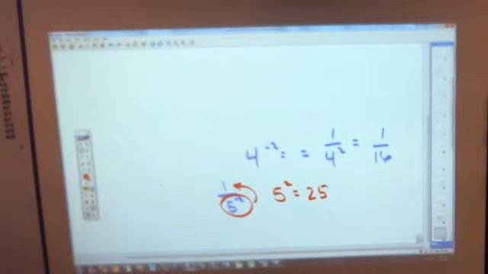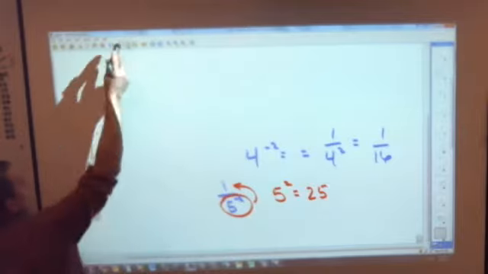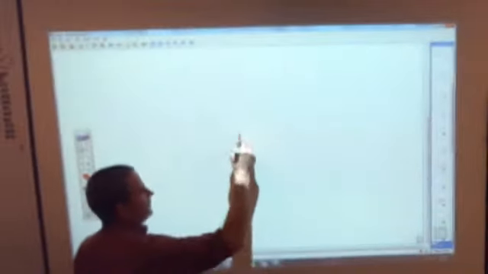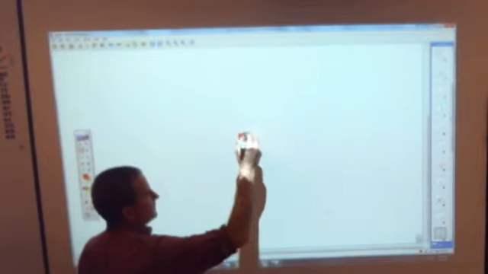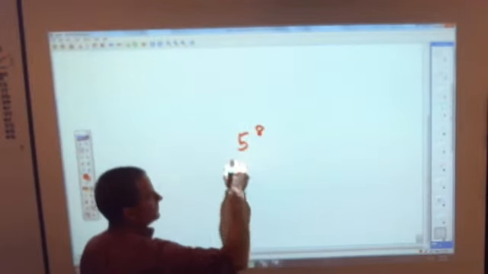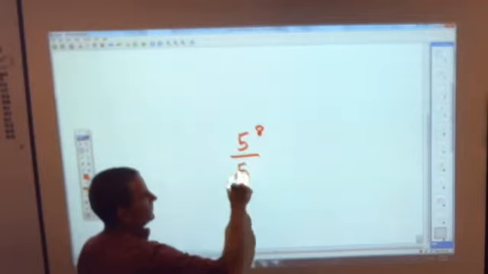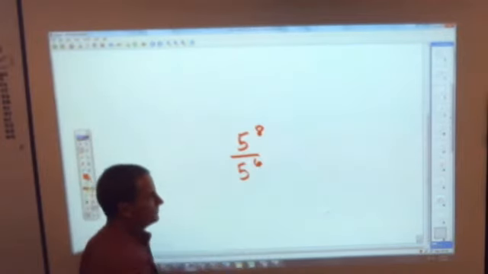Now, here's where Brady says, please explain to me why that is. Well, let's look at this here. If you remember, did we do this before? If you had 5 to the 8th power over 5 to the 6th power.